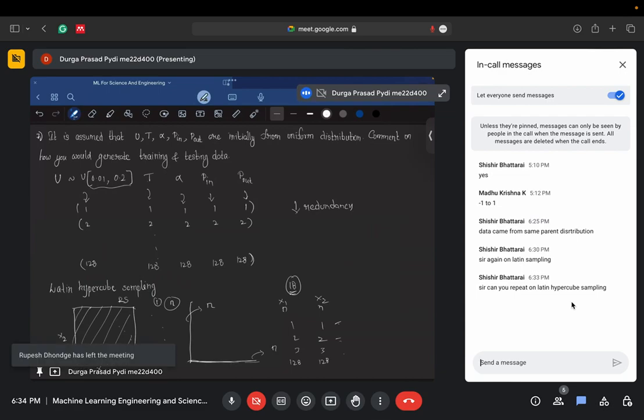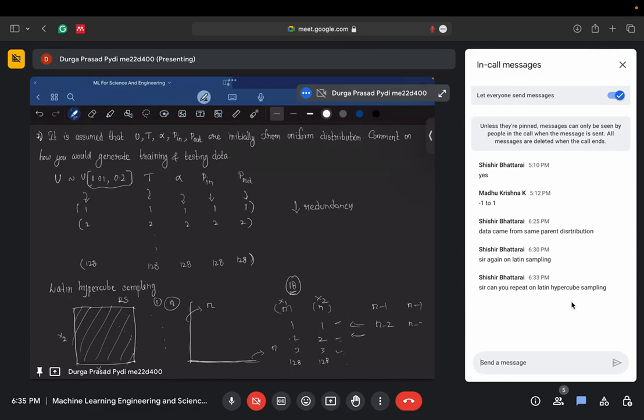Previously, once you generated the first sample, when you generated the second sample, you were not sure whether it would get repeated or not. But now you already know that out of these n samples, when you generate the second sample, you will be using only n minus 1 instead of n. When you generate the third sample, you will use the remaining n minus 2 samples. So this way your redundancy is reduced.